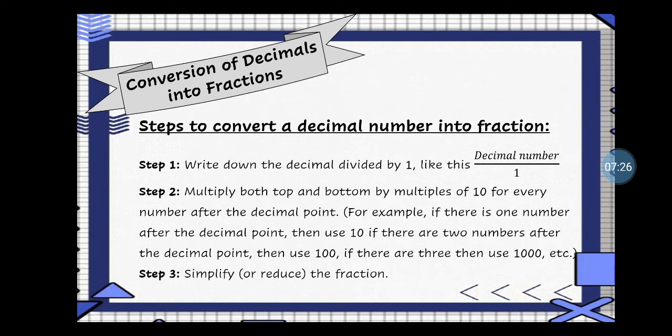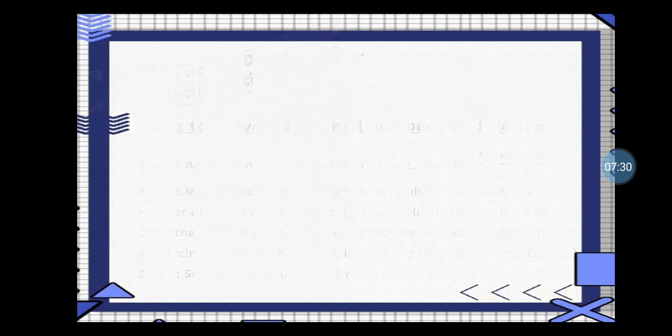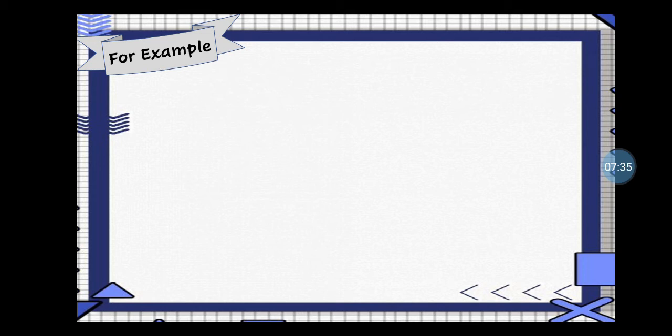And in the third step, we have to simplify or reduce the fraction. For example, here we have to convert 5.4 to a fraction. So it has two parts as already we had studied. 5 will be the whole number and 0.4 is the decimal part.